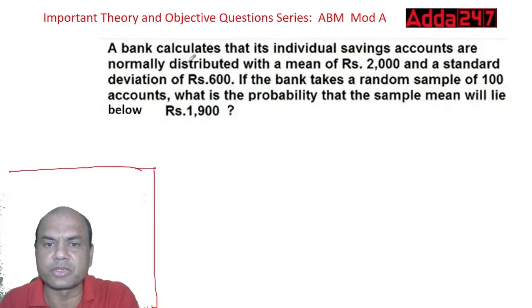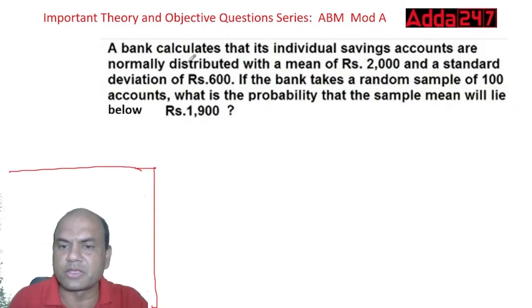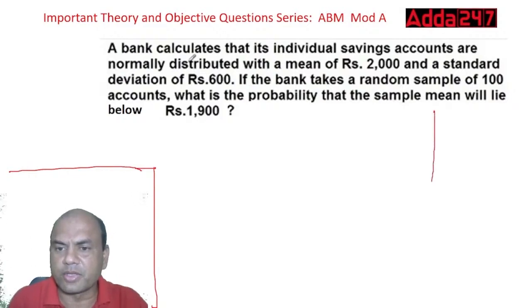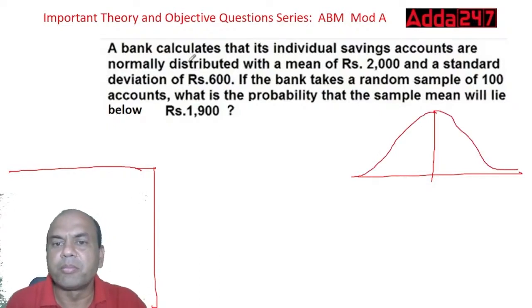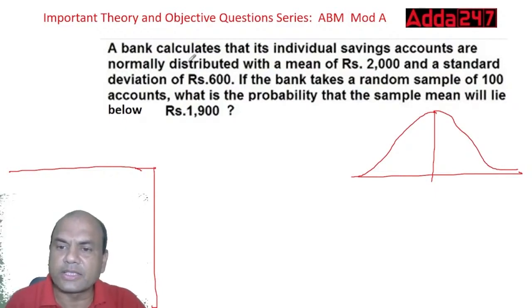Let me show you. Suppose this is a normal distribution curve. So what is given in this problem? The mean is given as 2000. This mean always lies at the center. This is the mean, and this is known as the population mean, mu. That is, 2000 is the population mean.